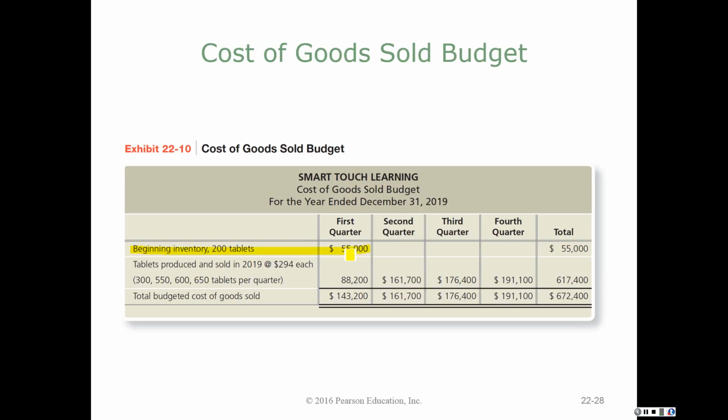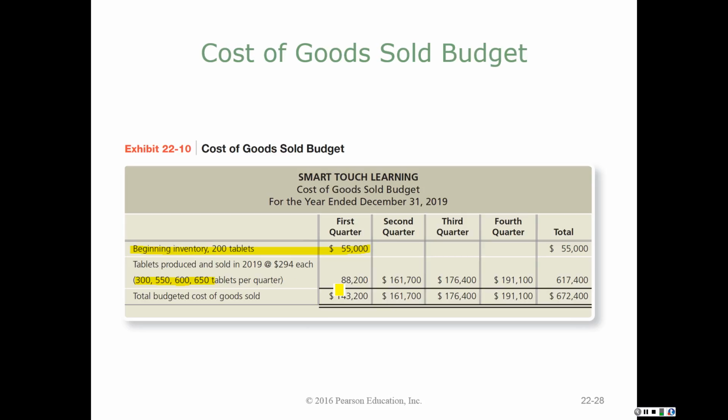And those 200 tablets have a cost of $55,000. So when we sell, if we sell 300 tablets at the beginning of the year, first we're going to move the cost for these 200, the $55,000. And then we will begin to move the 300 from the first quarter, the 550 from the second, the 600 from the third, and the 650 for the fourth. So the cost for these tablets, we have estimated total cost of production divided by the total number of tablets that we're going to produce to come up with $294 per tablet.